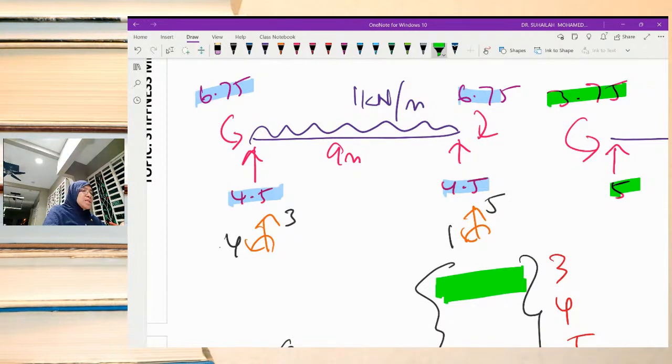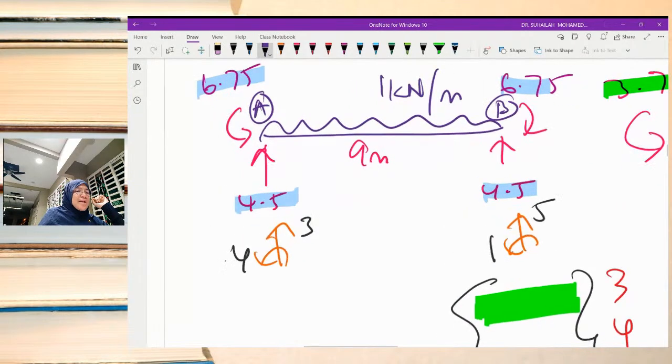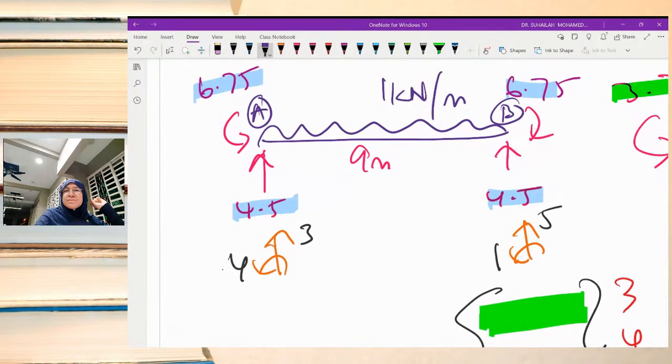This is A, this is B. For member AB at position 3, what is the value? What is the value for position number 3, looking at this diagram only?